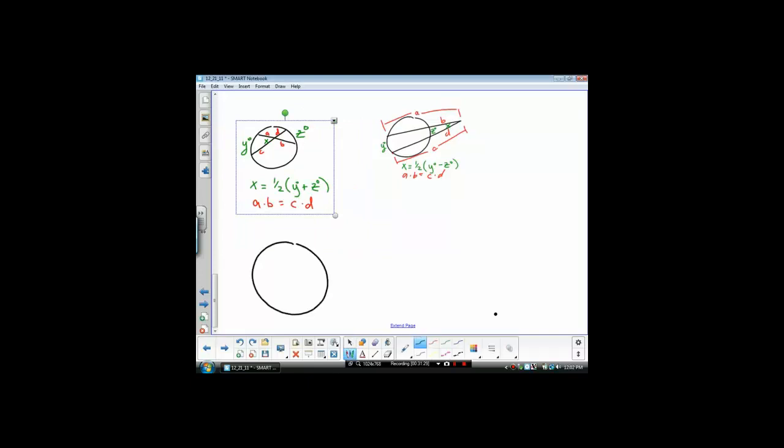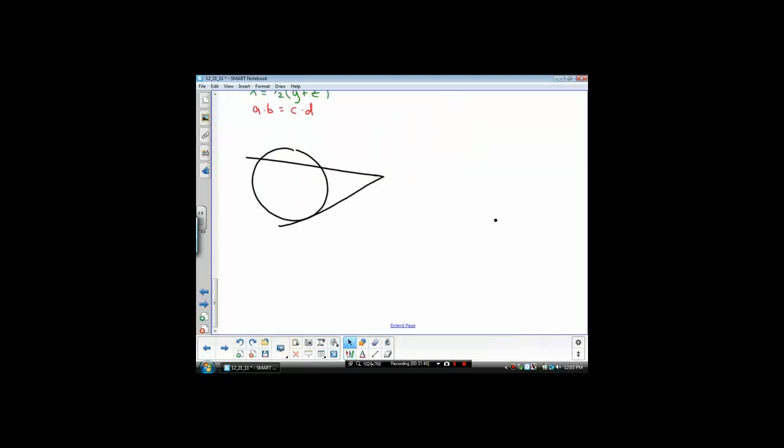If we have a secant and a tangent, we know again the two things about this diagram. We know that this angle is 1/2 the difference of y and z.